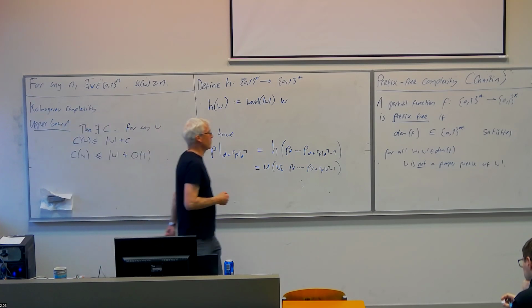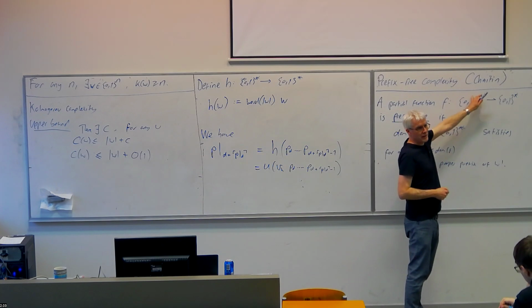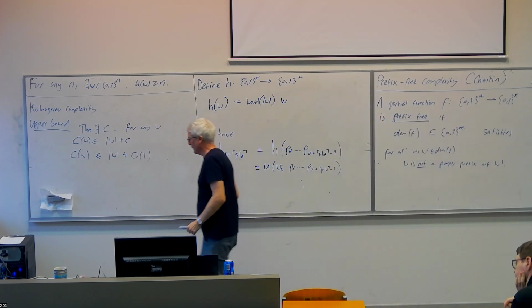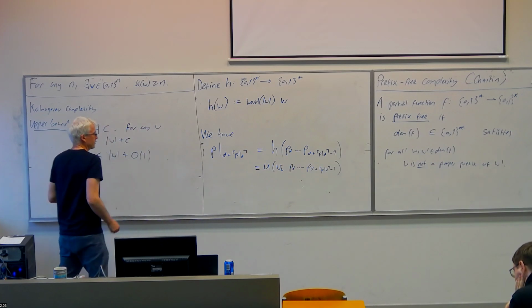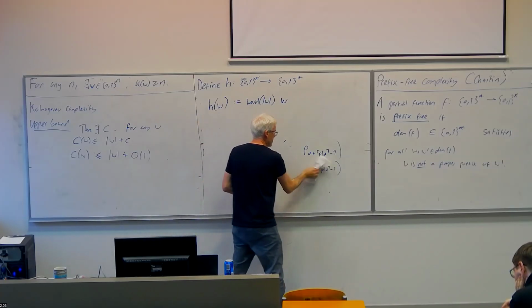So one thing where prefix-free complexity gets more complicated is that the upper bound is not so straightforward at all in this case. In the lecture I'm just going to be satisfied with a very simple upper bound.